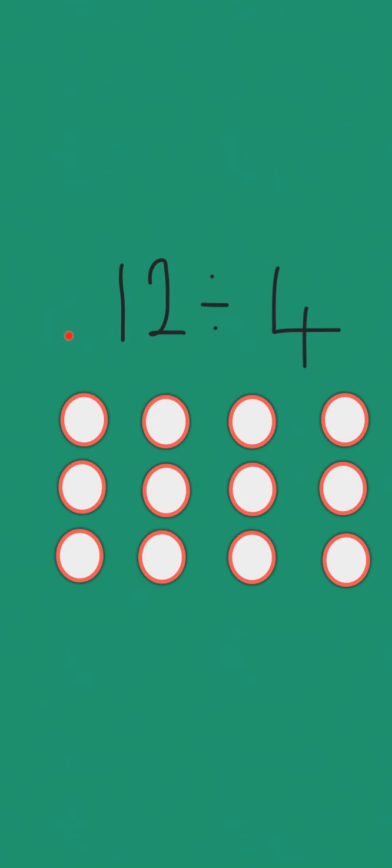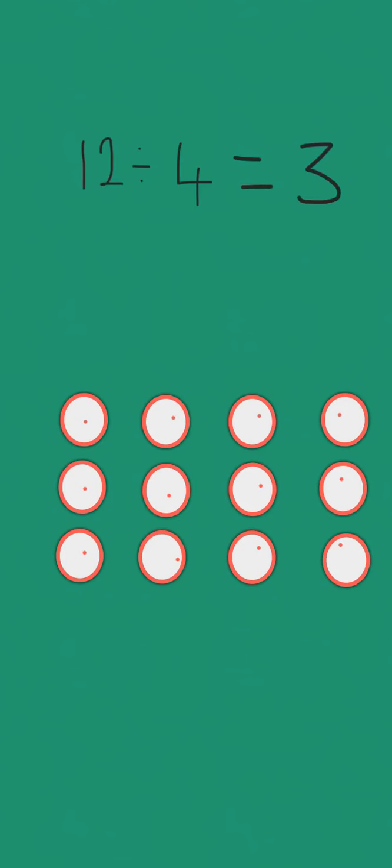As you can see, I've got one group here, another one here, another one here, and another one here. So I've got 4 equal groups. Now it's time to see how many I've got in each group. And you can see I've got 1, 2, 3. 3 in each group. So we know that 12 divided by 4 equals 3.